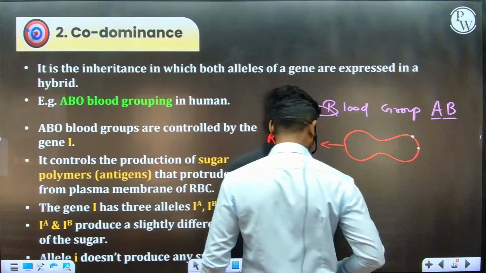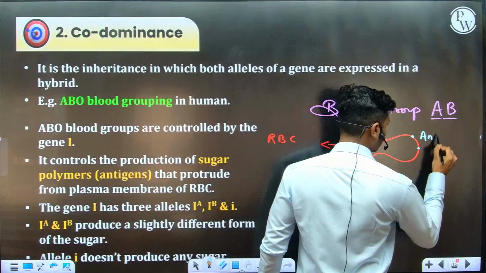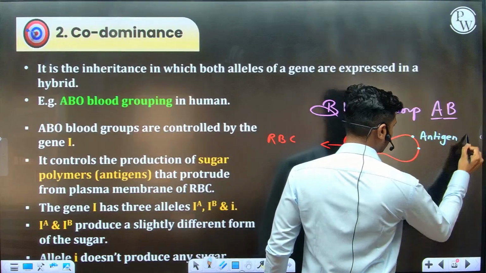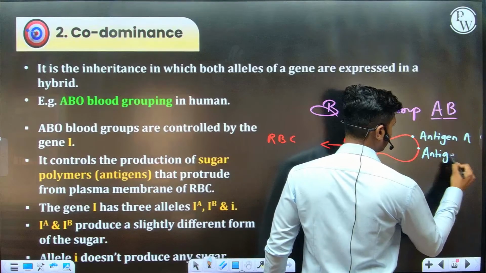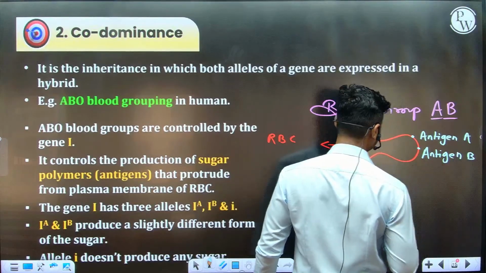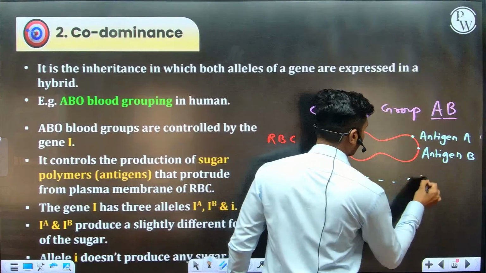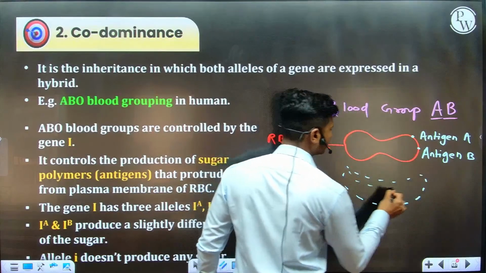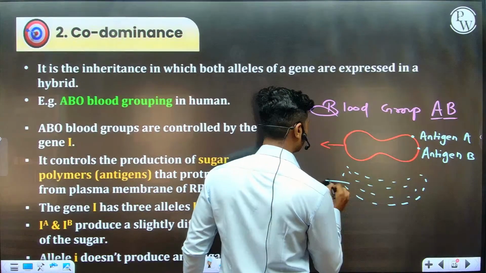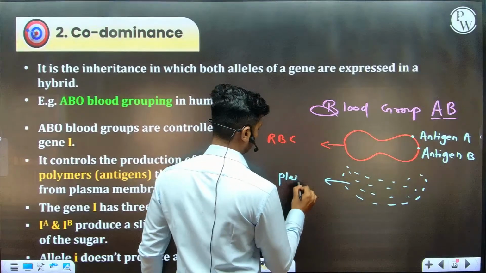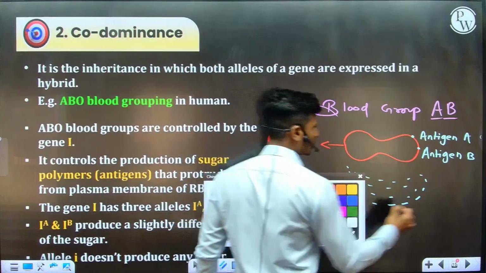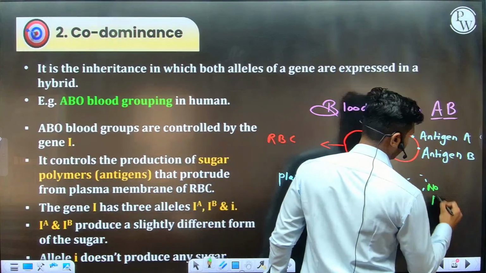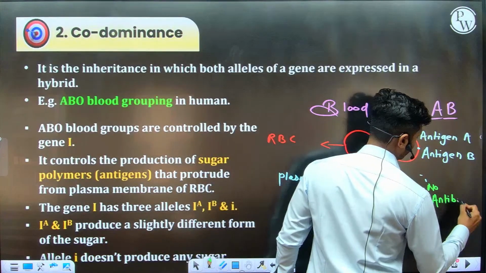On this RBC, antigen A is also present, antigen B is also present, and in the plasma of this person there is no antibody.